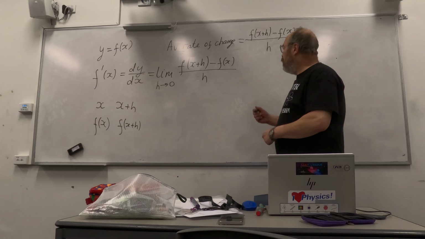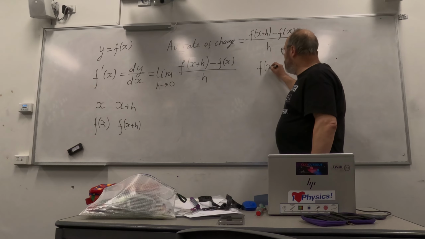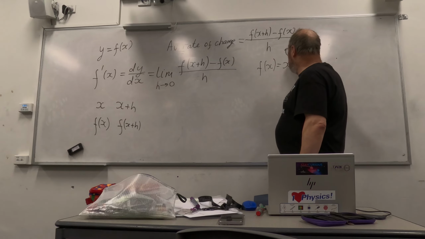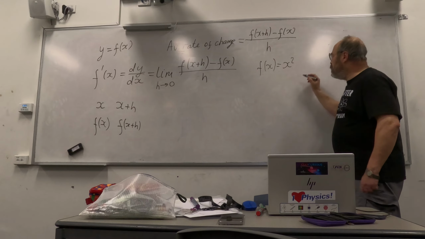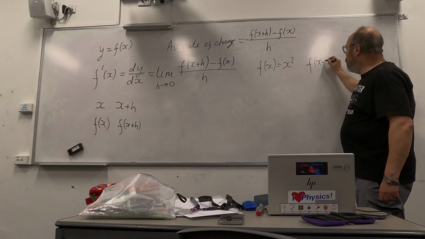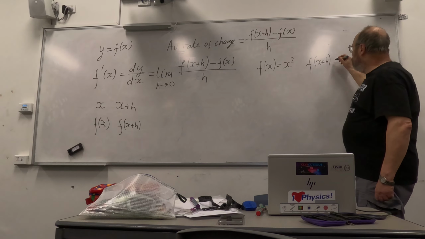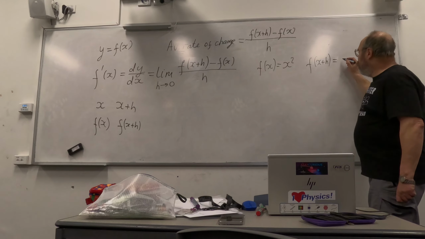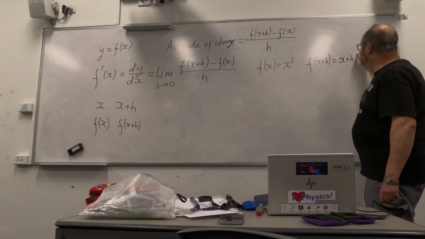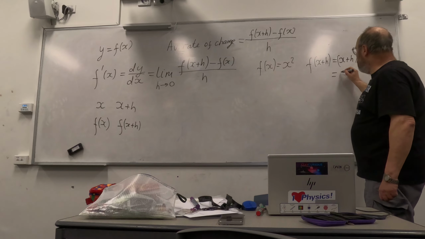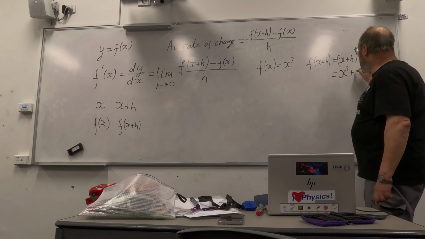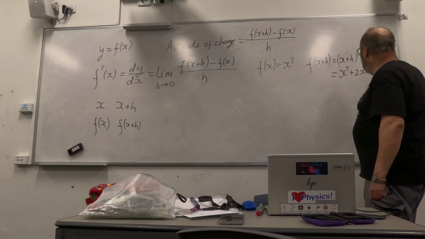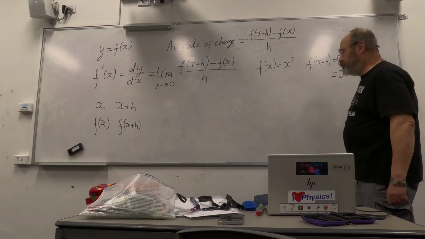So, if we have f of x equals x squared, what is f of x plus h equal? It will be x plus h squared, let's expand it. X squared plus 2xh plus h squared.